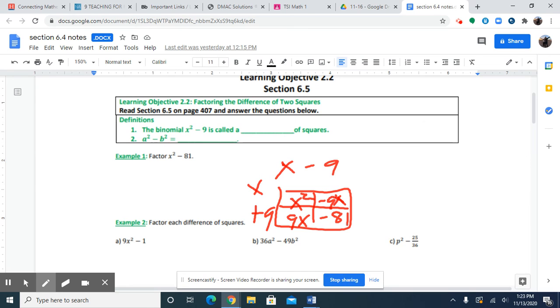Now what's interesting here is that we have our x squared, but 9x minus 9x cancel out. We have 0. So we are only left with x squared minus 81.